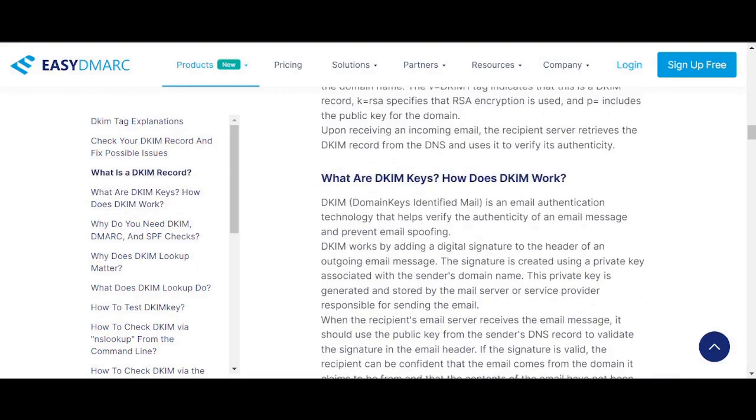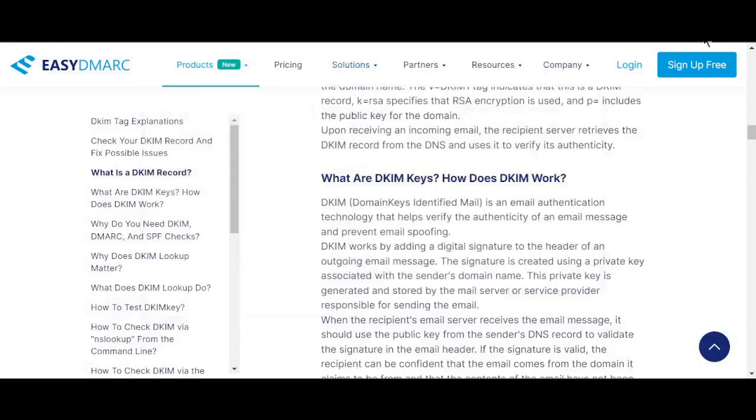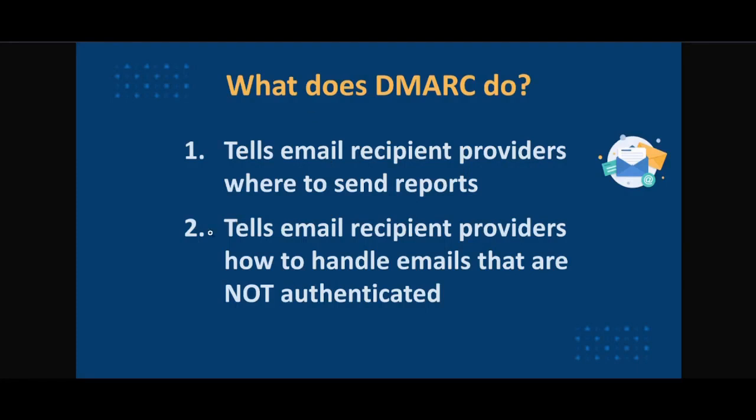So that's SPF and DKIM authentication. Next, I'm going to talk about DMARC policy. And what does the DMARC do? DMARC does two main things. One, it tells the email recipient providers where to send DMARC reports.